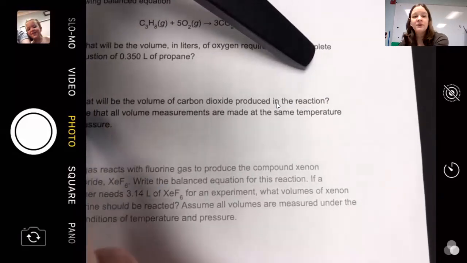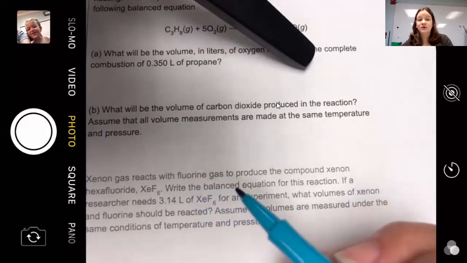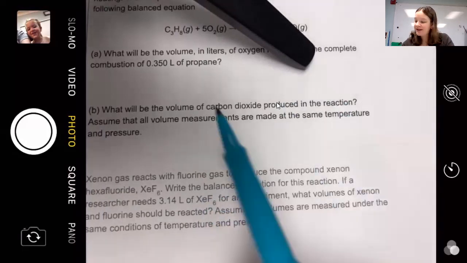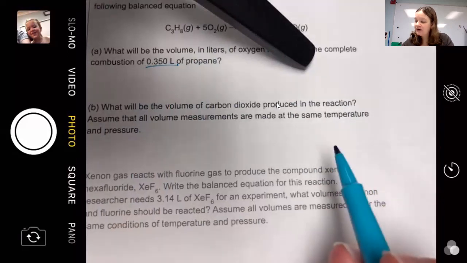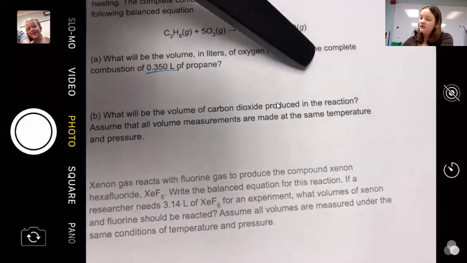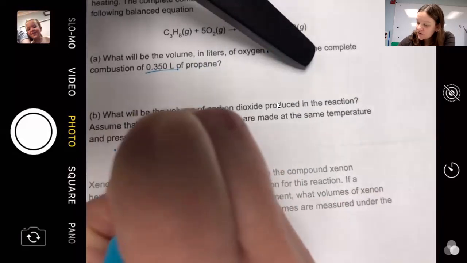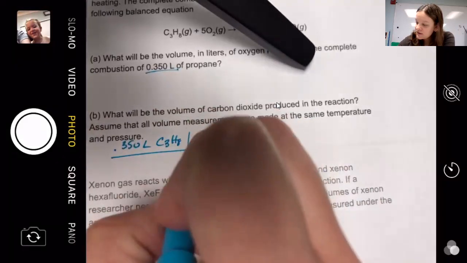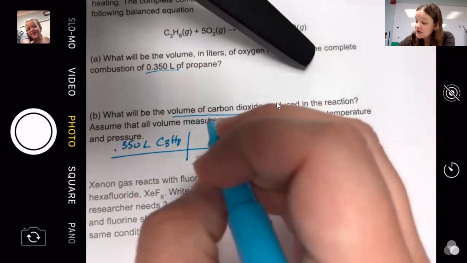All right, so we are here at B. So now we're going to figure out the volume of carbon dioxide gas that's going to be produced. So I am again starting with that 0.35 liters of propane, C3H8. This time I'm figuring out the volume of carbon dioxide, so it's the same process.